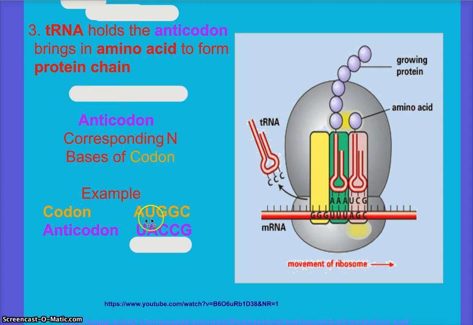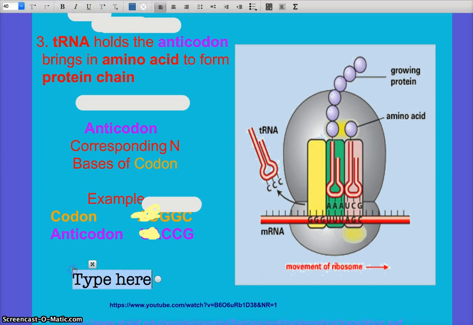So if a codon, and again, we scratch this off, now I'm going to do this so it's different. Because a codon should be 3 letters, if my codon is GGC, the anticodon is CCG. I'm going to give you another one. If my codon is AUC, what's my anticodon?